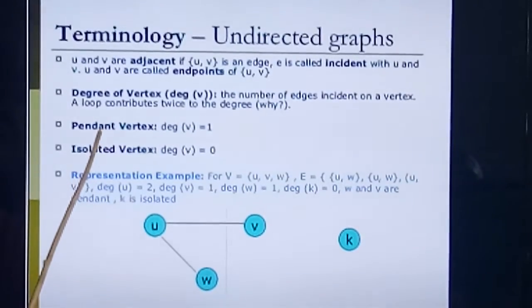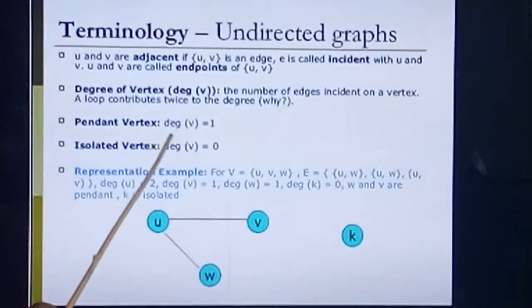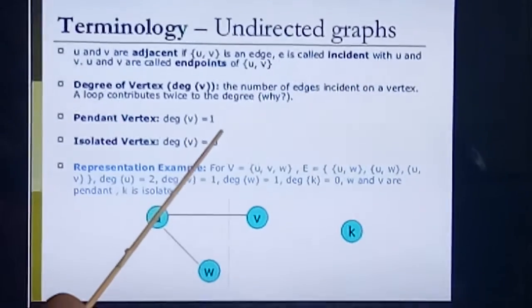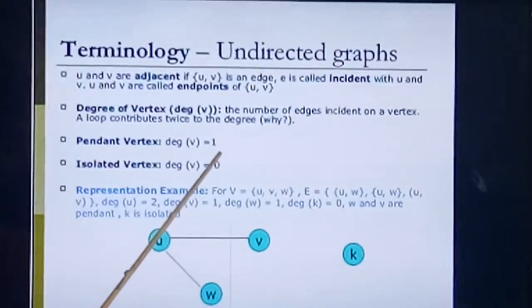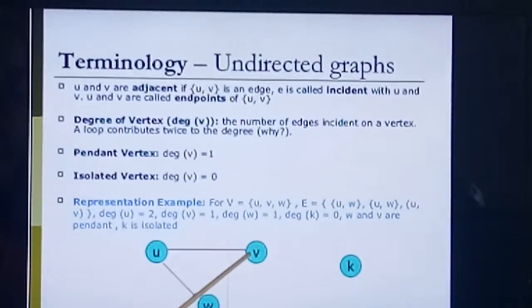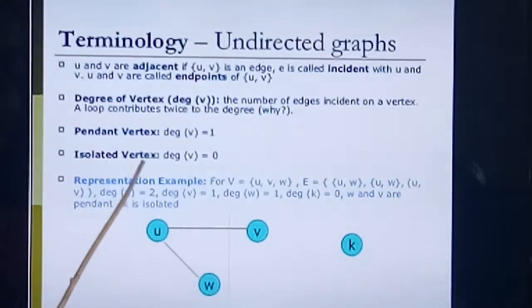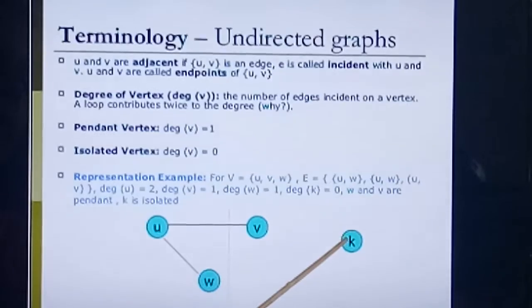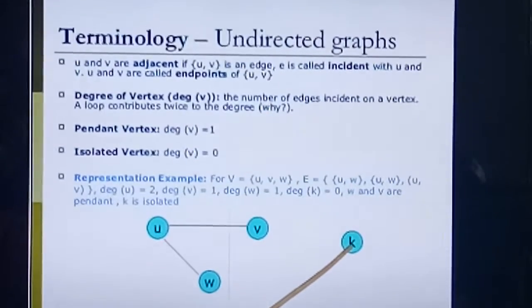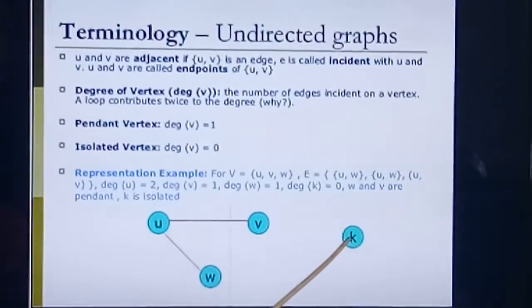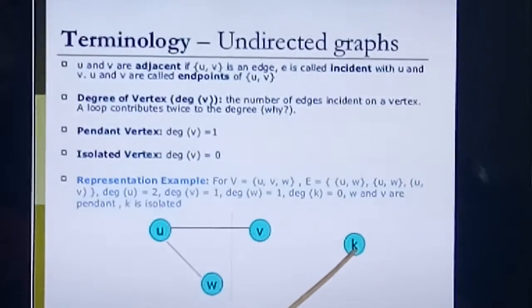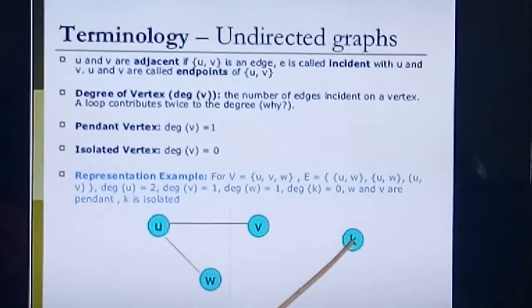The next terminology is pendant vertex. If the degree of a vertex is 1, then that particular vertex is called a pendant vertex. An isolated vertex means the degree is 0. For example, for this K vertex the degree will be 0 because there are no edges connected to this particular vertex.